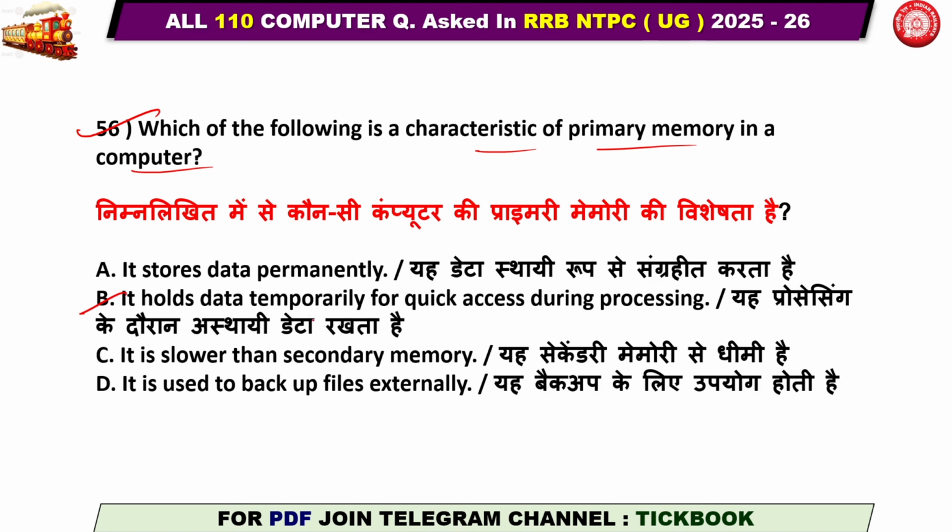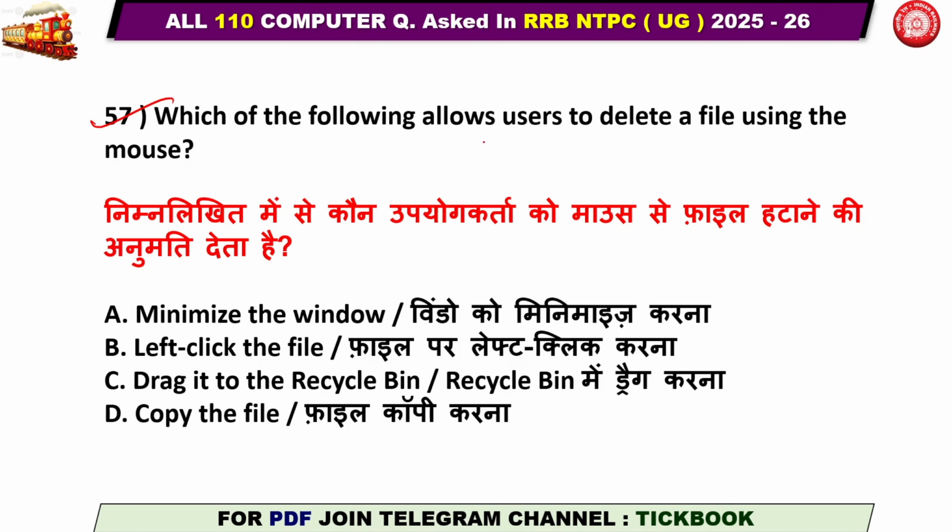Option number B, it holds data temporarily for quick access during processing. 57. Which of the following allows users to delete a file using the mouse? Option number C, drag it to the recycle bin.